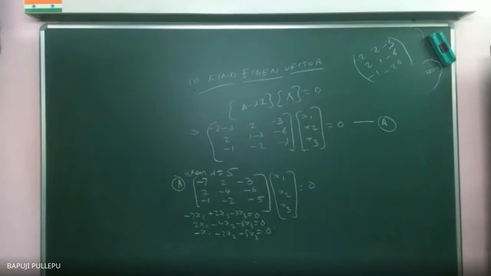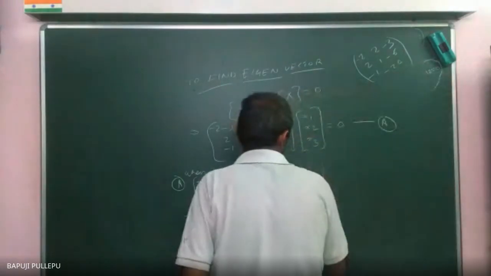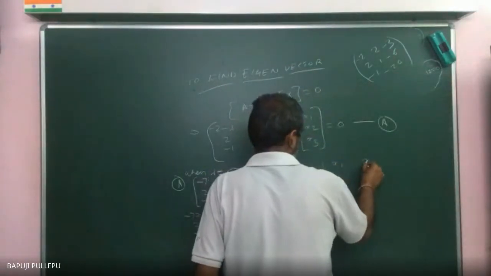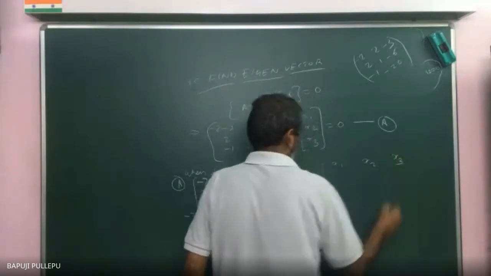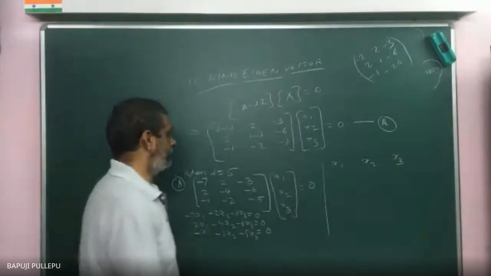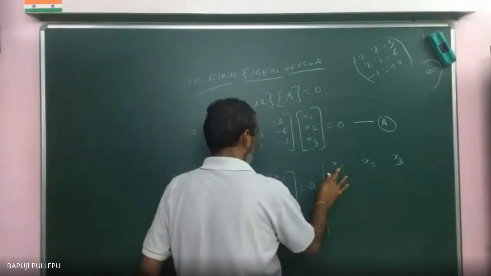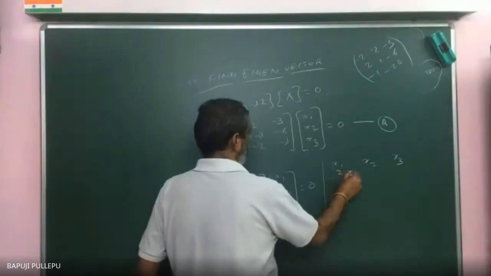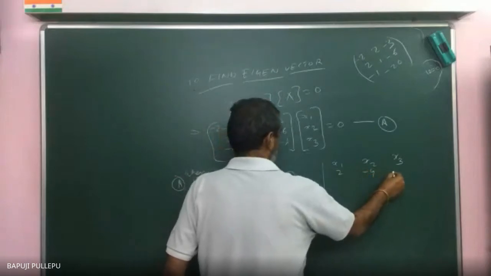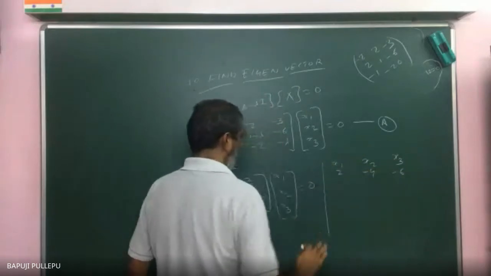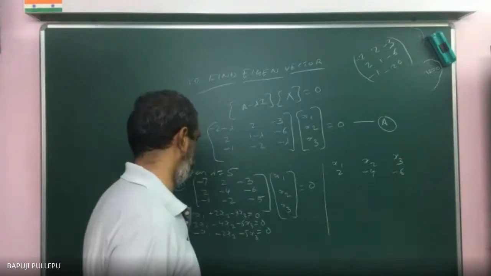So, same story, take x1, x2, x3. Then the x1 coefficients are 2, minus 4, minus 6. If you want, you can remove 2 throughout from the start itself. Nothing will happen.